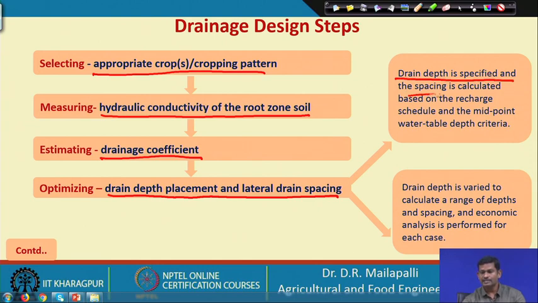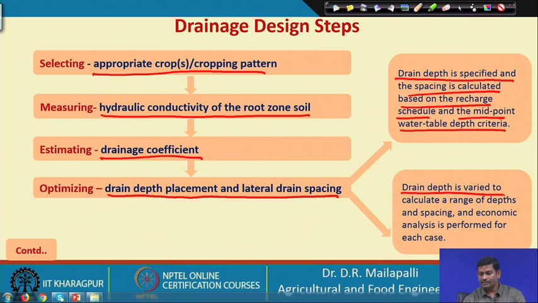Here there are two ways. The drain depth is specified, and the spacing is calculated based on the recharge schedule and the midpoint water table criteria. First you fix the drain depth, and then you iterate on the length until you get equal length for each iteration. We are going to see these calculations.